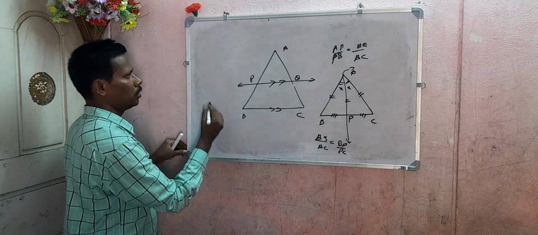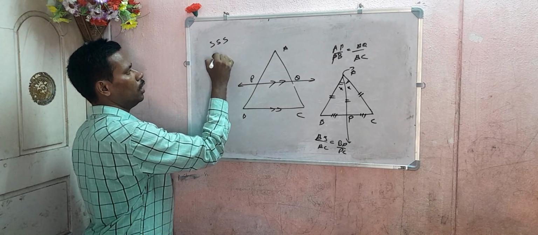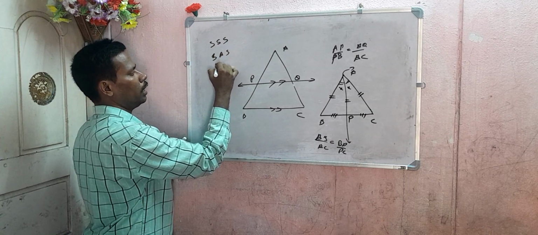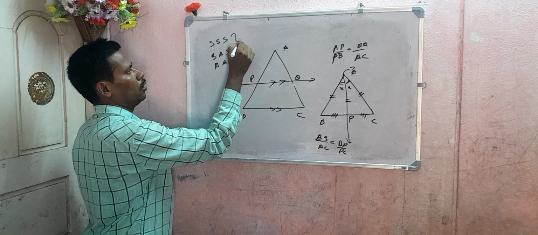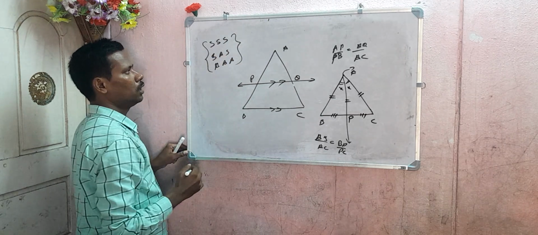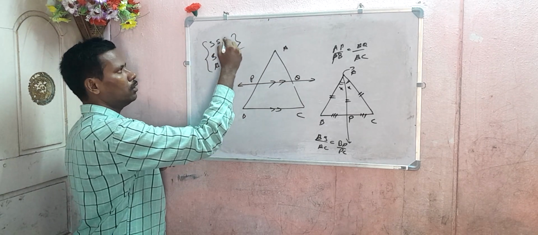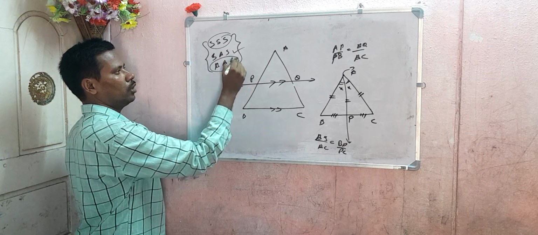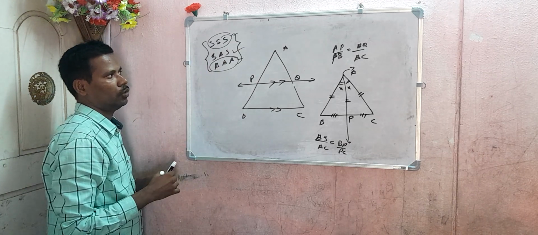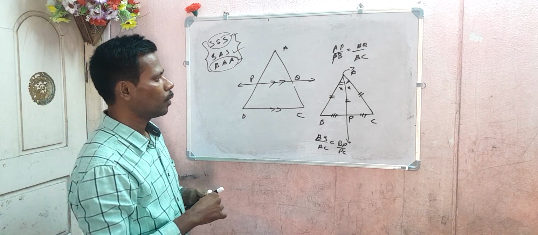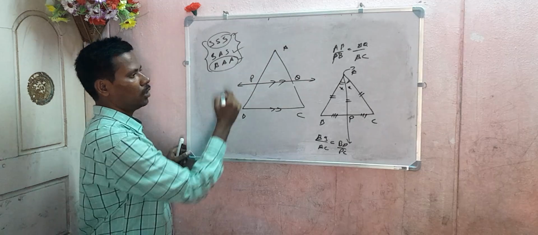Next, the SAS angle theorems. I have proved only one, the rest you need to do by yourself because it's not possible to do each and everything. Next, the areas concept.